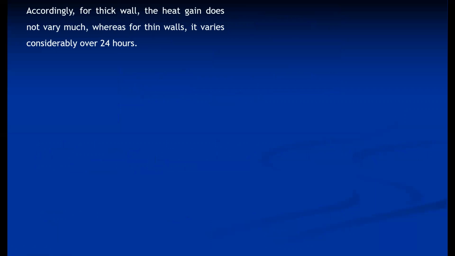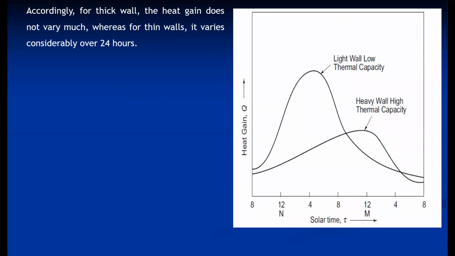Accordingly, for a thick wall, the heat gain doesn't vary much. So we can have a thick, heavy wall with high thermal conductivity. So for the heavy structure, we can say, even though the thermal conductivity is high, the heat transfer rate variation is more or less uniform.